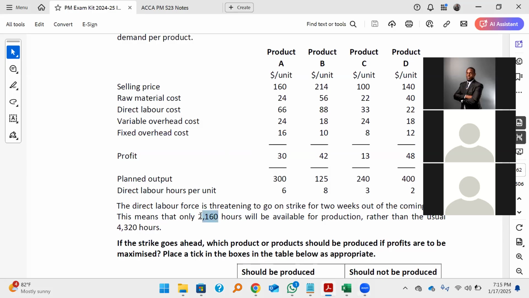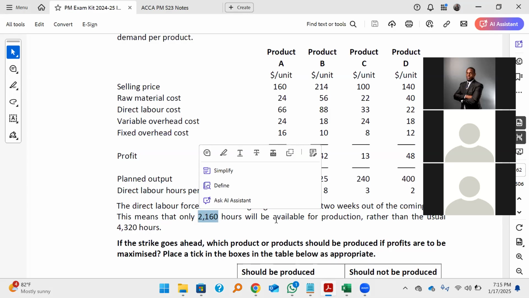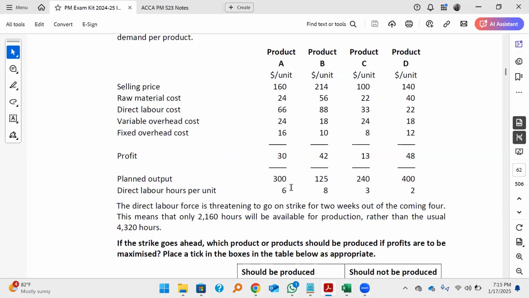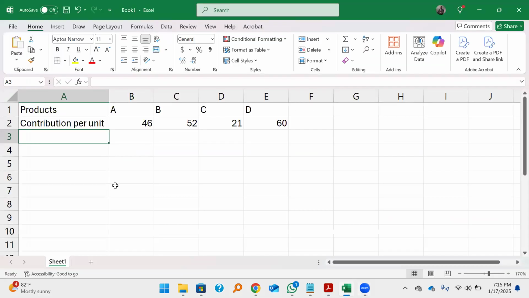So we only have 2160 hours. So it means we need to know how many hours we need. And they have told us the hours: 6, 8, 3, and 2. So labor hours per unit.